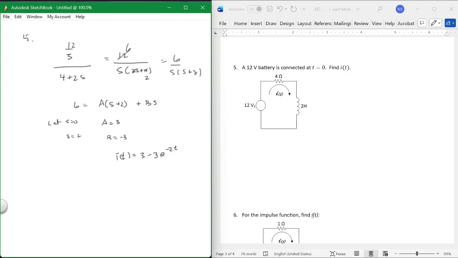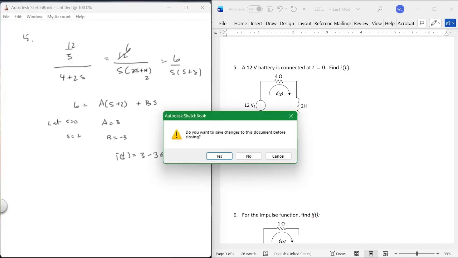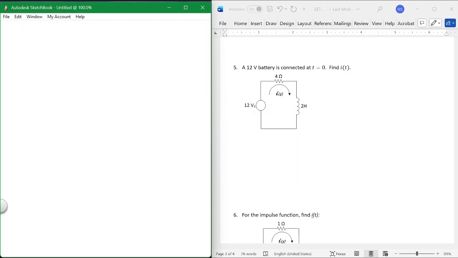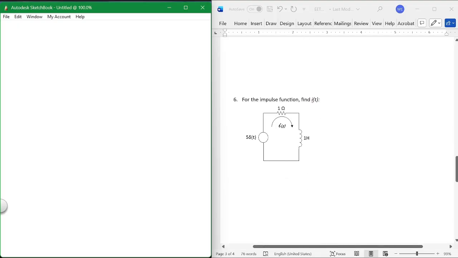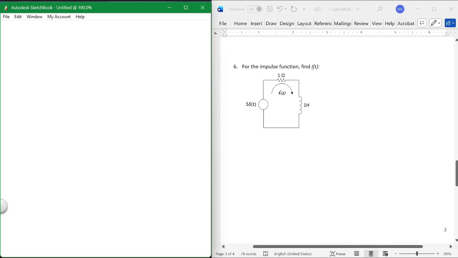Number 6. This one was pretty much the same, except now the voltage supply is just a 5 instead of 5 over S. It's 5 over S plus 1.